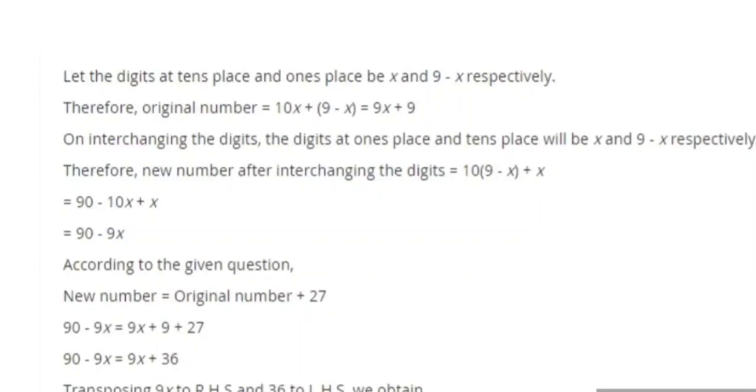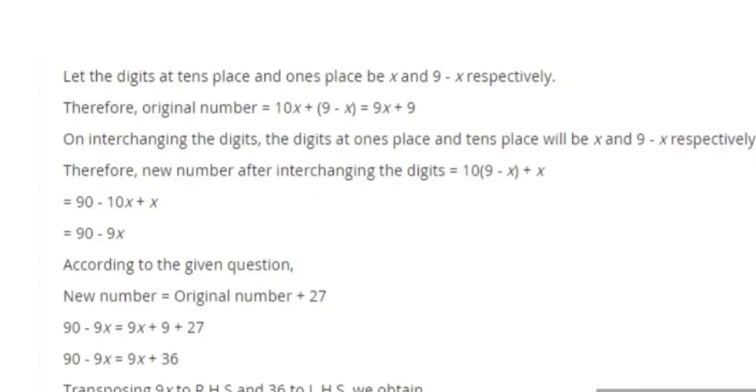According to the given question, the new number is equal to the original number plus 27. So the new number is what? 90 minus 9x, and the original is what? 9x plus 9, and here we have to add what? 27. So 90 minus 9x is equal to 9x plus 9 plus 27, which is what? 36.